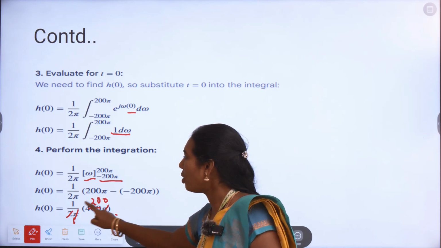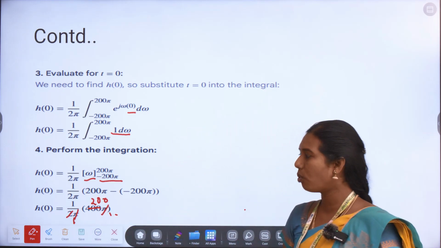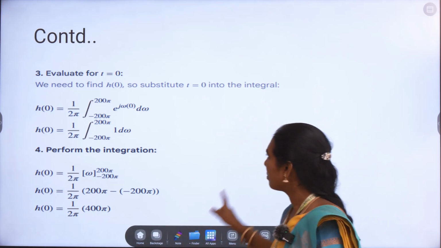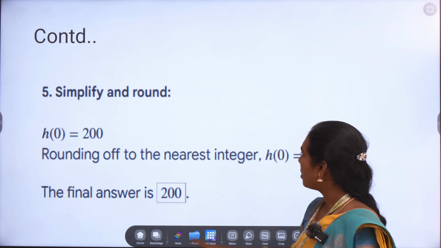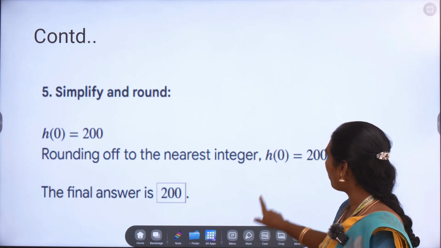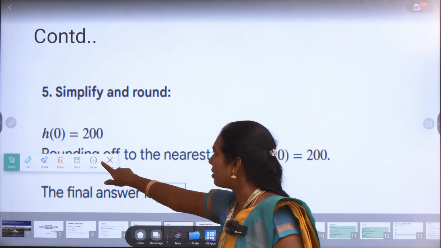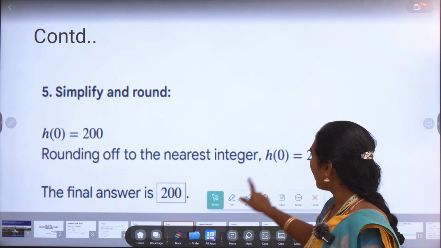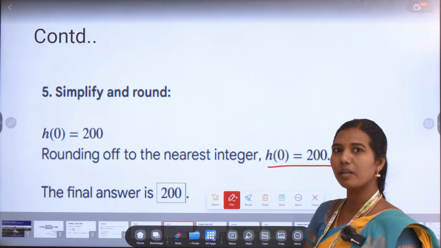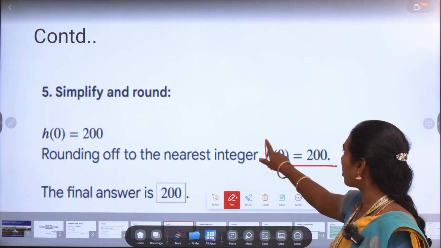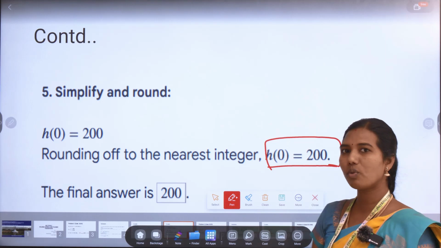So the final value of h of 0 is equal to 200. This is the final answer for the h of 0 value.